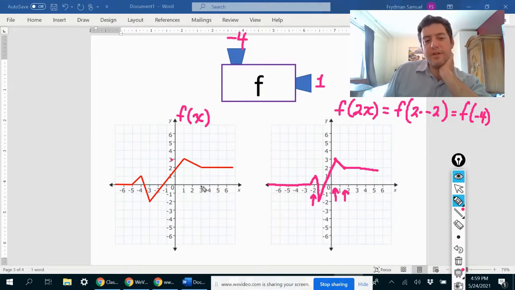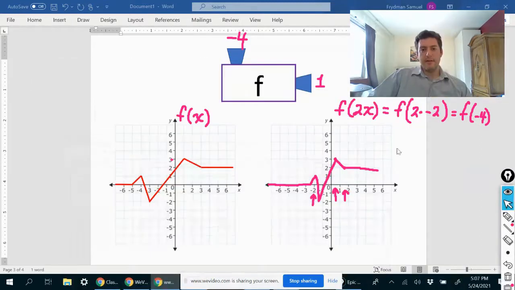By the time 3 minutes went by, this guy went up here and then down here. Meanwhile, this guy who's twice as fast managed to go up and down and it only took him 1.5 minutes. All right. So the 2 is like he's going twice as fast, so he accomplishes everything in half the time.